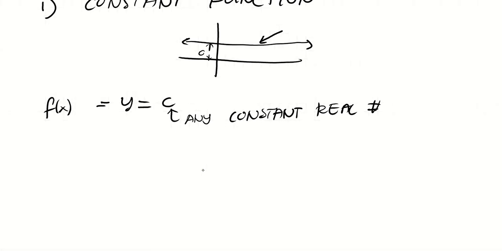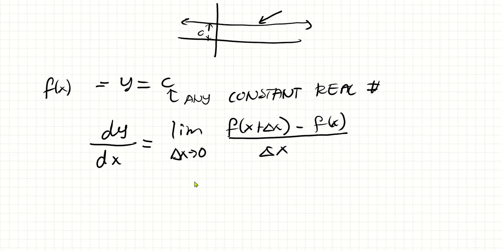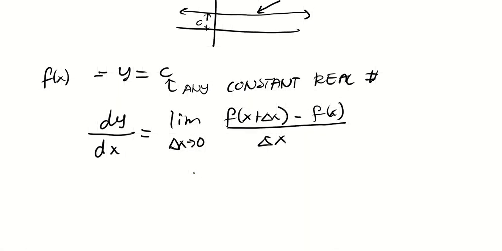Now, if we apply the definition, the derivative dy/dx, let's use this notation, the derivative of y with respect to x, is equal to the limit of f of x plus delta x minus f of x, all over delta x, as delta x approaches 0. Now here our f of x is just equal to c.